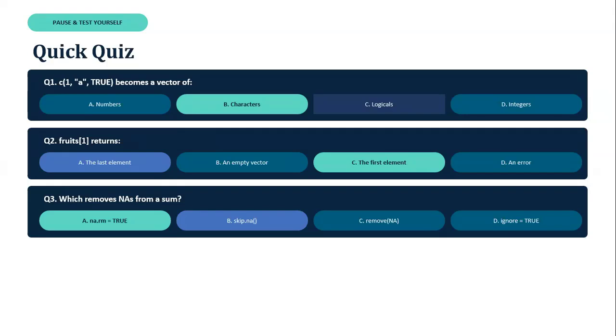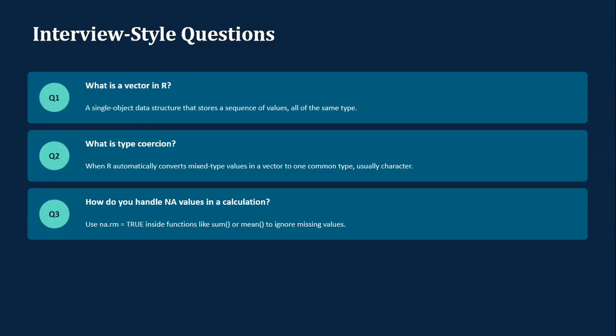Number 3: to remove NAs from a sum, you use na.rm = TRUE. Comment your score: 3 out of 3, or be honest if you missed one. No judgment. If you are learning this for a job or an exam, these three come up constantly.